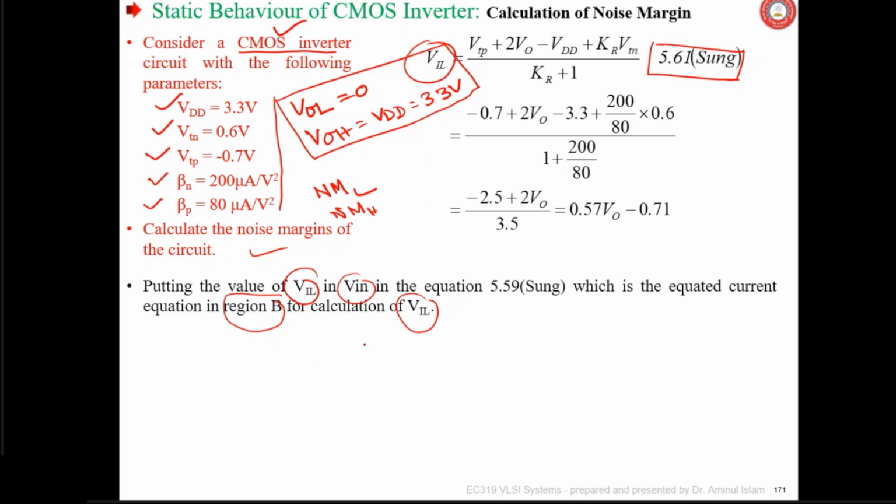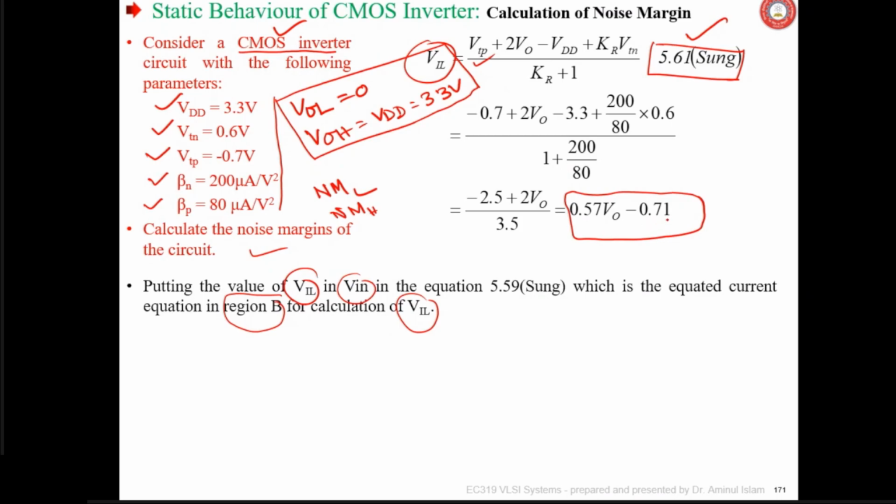So with this you can do it. So VIL we have to find out first, then VIH we have to find out. Then only you can obtain the noise margins because we know, using this equation already we have derived, and hence you will get at the end this value.